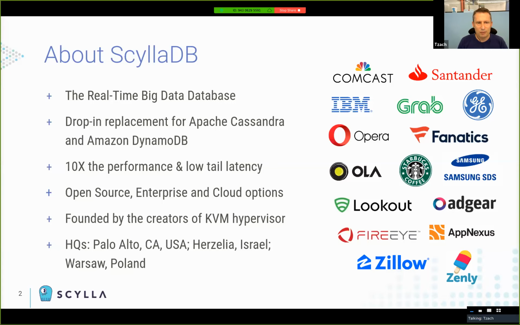Scylla excels in very high performance and very low latency, in particular tail latency. It comes in three variants: open source, enterprise, and last but not least, cloud. Cloud you can think of simply as managed Scylla on the cloud. You can go to cloud.scylladb.com, enter your credit card, and launch a cluster, and we manage the cluster for you.